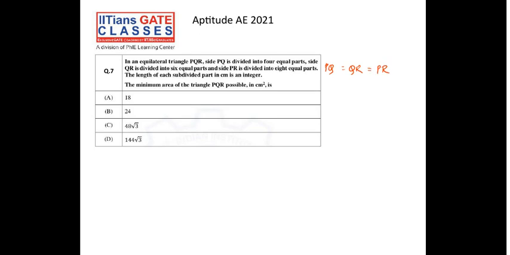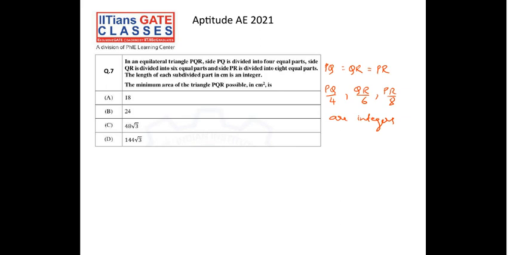Since it's an equilateral triangle, we have PQ equal to QR equal to PR. Other than this, we have PQ by 4, QR by 6, and PR by 8. That is, they are divided into some parts. PQ is divided into 4 parts, QR into 6, and PR into 8.